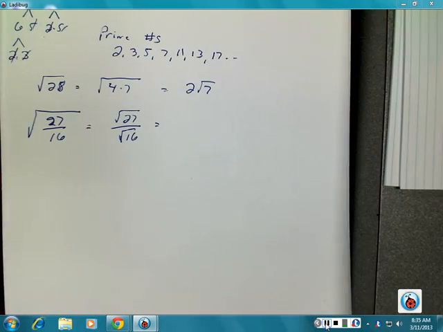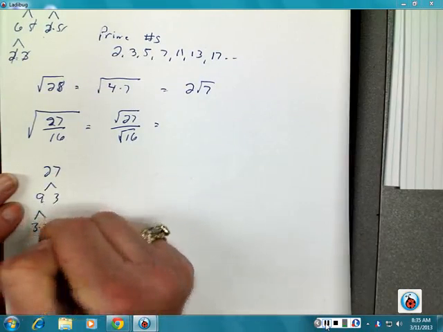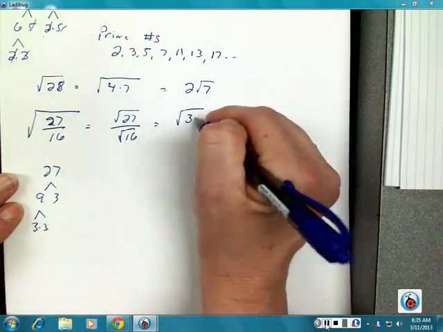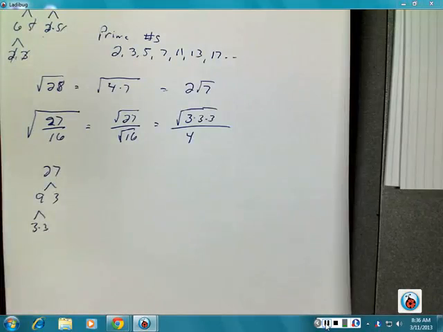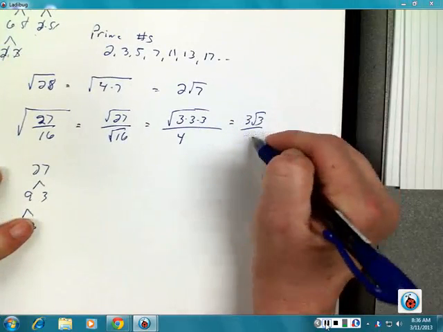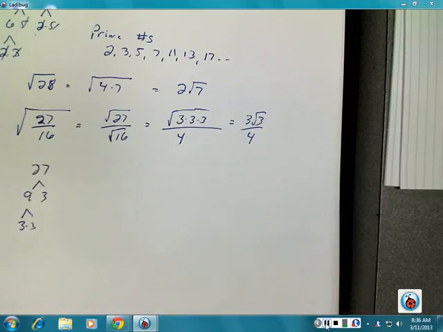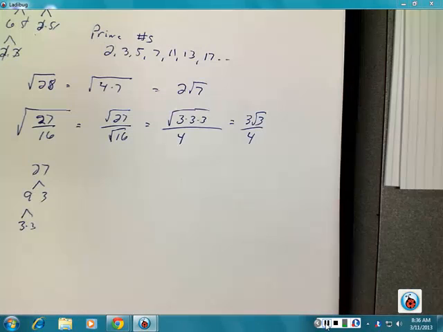And so what am I left with? 27 is 9 times 3, 3 times 3, so 27 is 3 times 3 times 3. 16 we know is 4, and that from before. So I can pull out a 3, leave the square root of 3 all over 4. Now that's exact, because I have not turned that square root of 3 into a decimal at all. So I've left it exact in there. All right, what do you think? Pretty good so far?